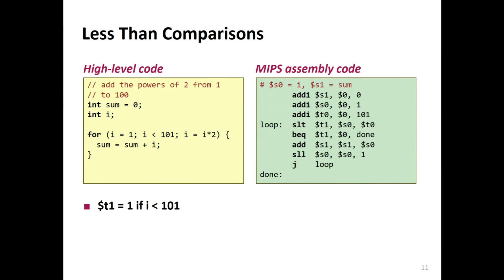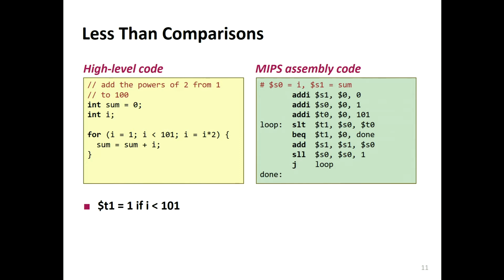So what one can do here, again, these 3 lines are similar as before. So you initialize S1 to 0. You initialize S0 to 1, which is I. And then you add T0, which is your threshold variable here, and you load it with 100, okay? Now here you have the set less than, SLT. It stands for set less than.